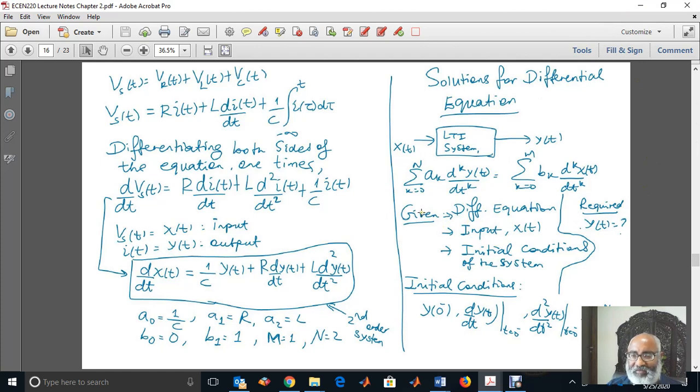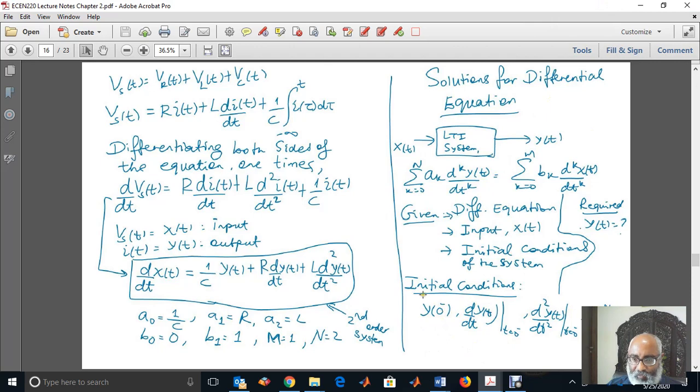The second alternative is to find the natural response and the forced response, and the complete will be natural response plus forced response. In these examples, we just see the first alternative, where we find the homogeneous and the particular, and use the initial conditions to solve the constants of the homogeneous solution from the complete solution.